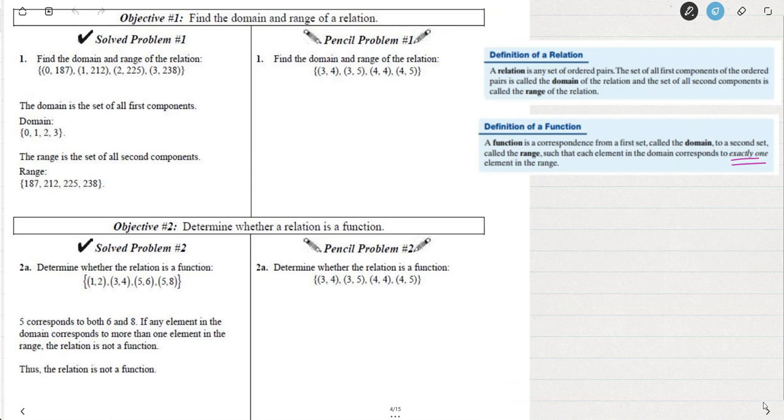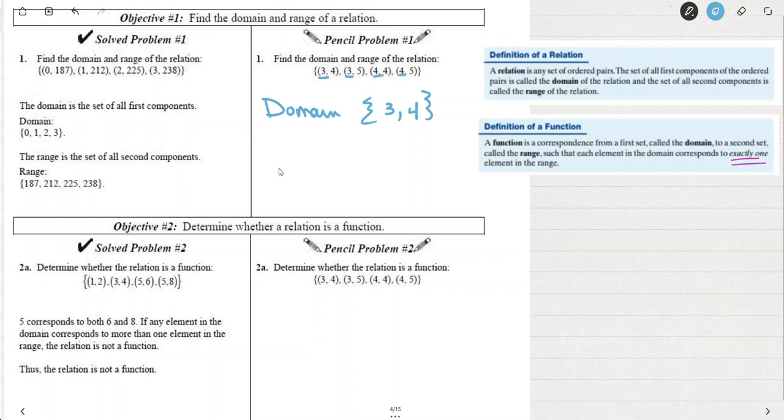So let's look at what a function is. To start with, you can see the definition of a relation, and the definition of a function rests on the definition of a relation. A relation is any set of ordered pairs. The set of all the first components of the ordered pair is the domain of the relation. The set of all the second components is the range. So when I look at this first example, the domain would be the set 3, 4, because when I look at the first component, we have 3s and 4s.